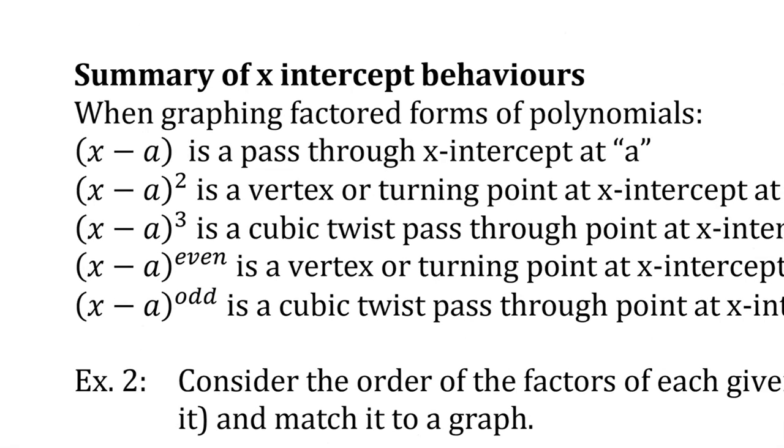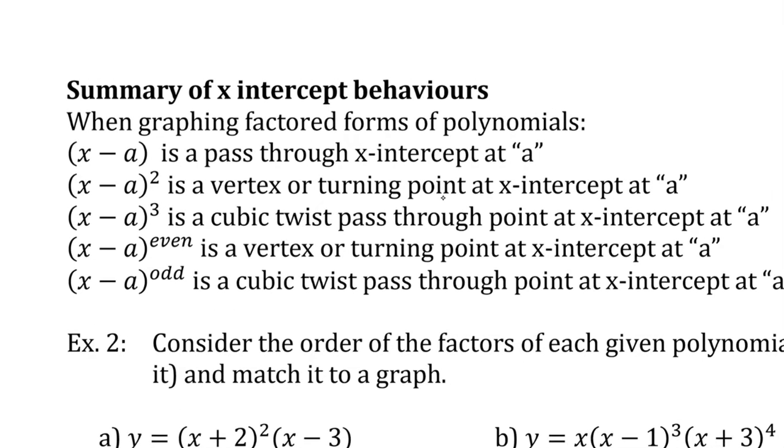And so this is summarizing that x minus a has a degree of 1, or an exponent of 1. That has a pass-through x-intercept at a. x minus a squared is a vertex or turning point x-intercept. Cubed is a cubic twist, and then after that, if it's even, we still call it a turning point.